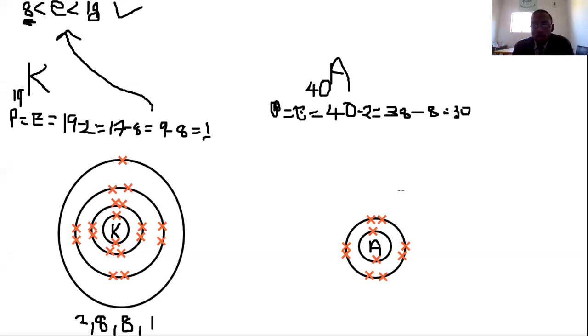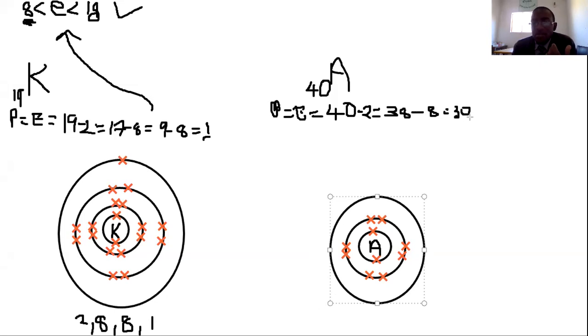We know that the third shell can hold the maximum of 18 electrons, and looking at what is remaining, it's very possible that we can get 18 from 30. So we're going to go ahead and put 18 electrons in the third shell now. 1, 2, 3, 4, 5, 6, 7, 8, 9, 10, 11, 12, 13, 14, 15, 16, 17, 18.